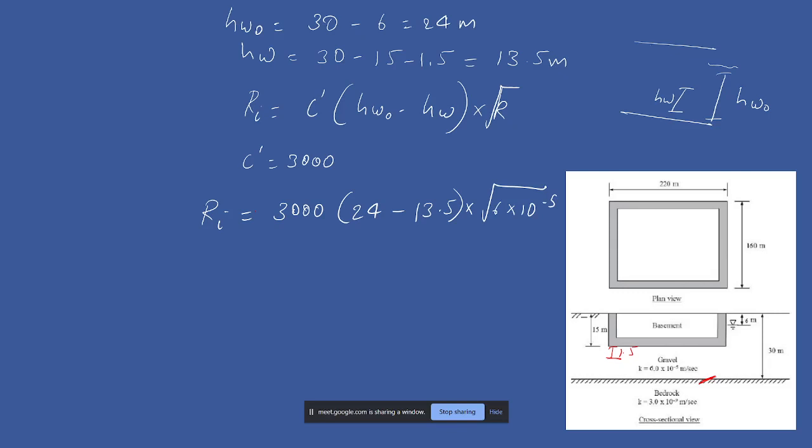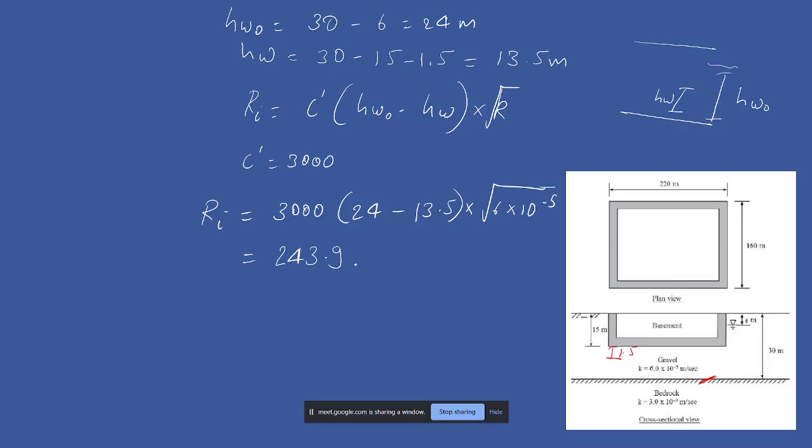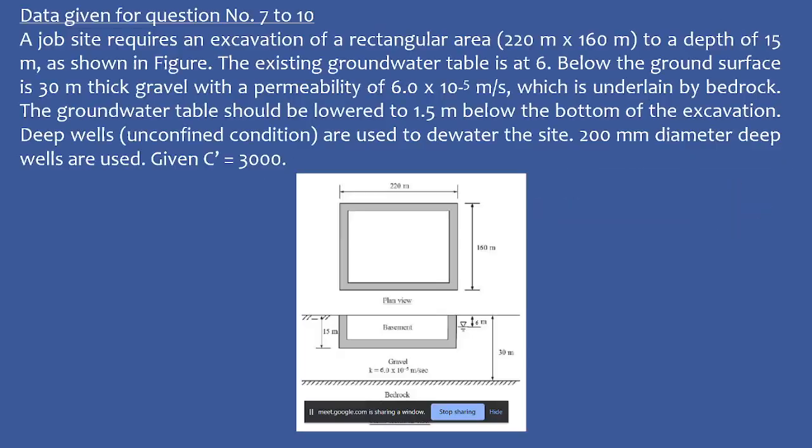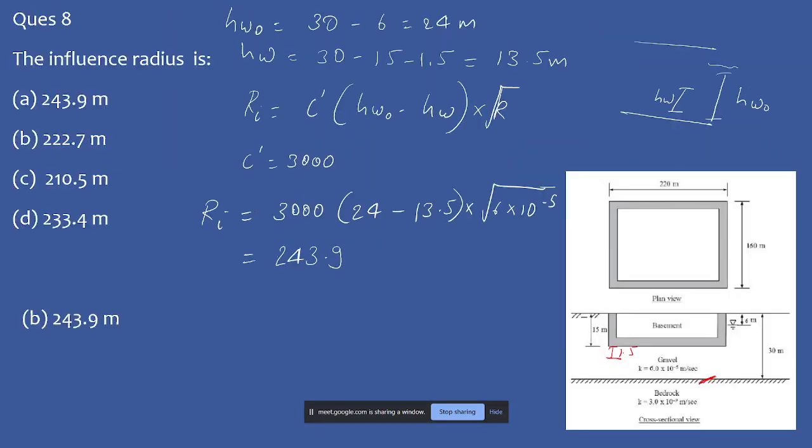Now calculate this. I guess 244, sir. So it's 243.9, closer to 244. So the answer is 243.9, and option A is correct.